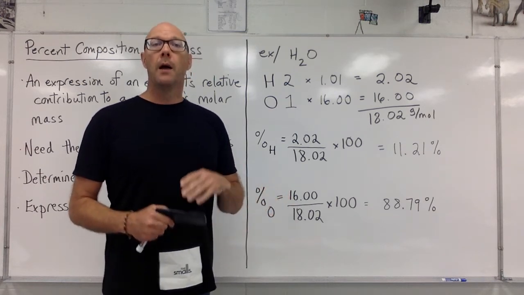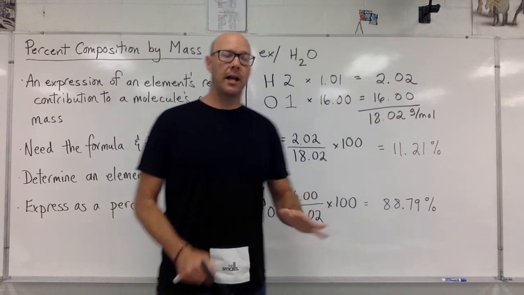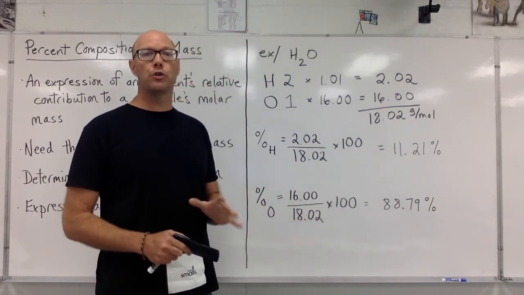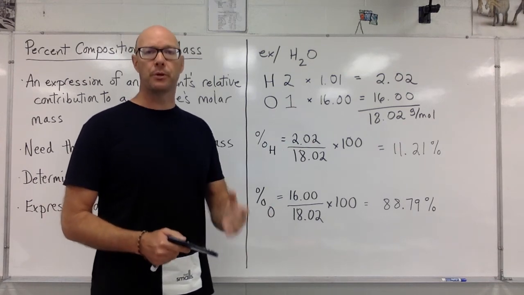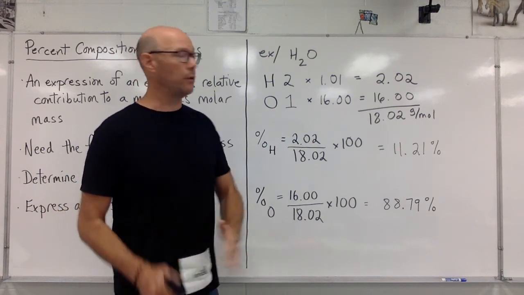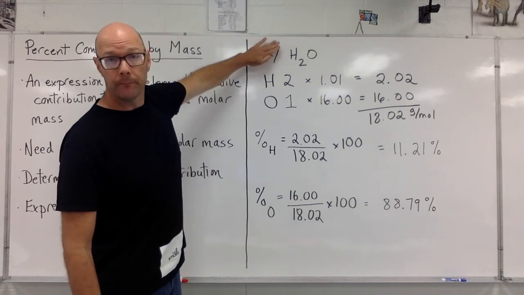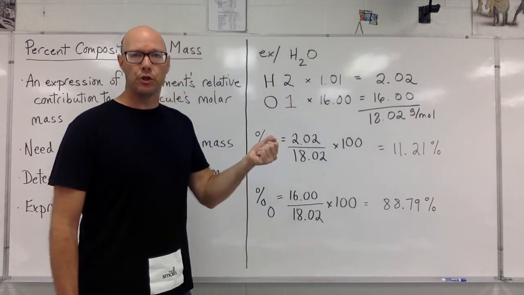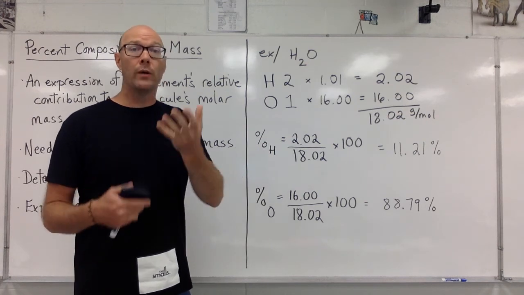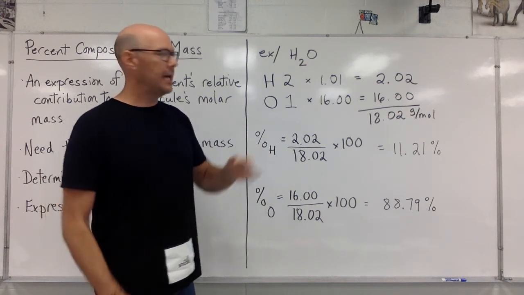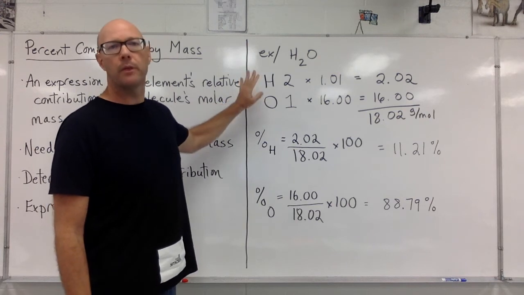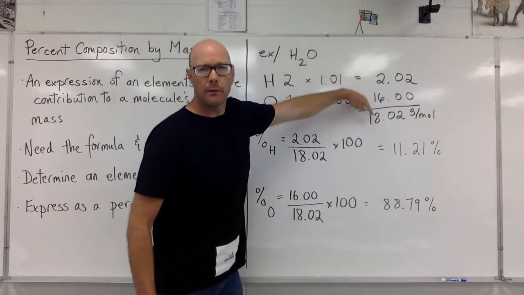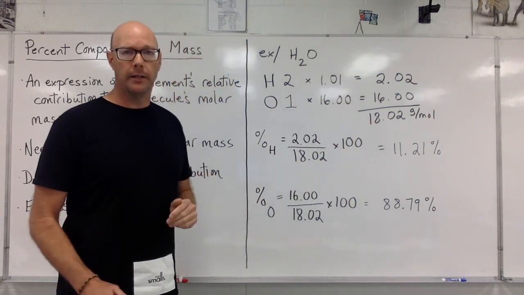So, percent composition by mass, it's a way to express each element's contribution to the molar mass as a percent. In order to do that, we need a few things. We need the formula, we need the molar mass, and we need each element's contribution. We could maybe find your own individual way to work that out. If we take our time and really methodically work our way through the molar mass, all of the values that we might need are going to be generated.